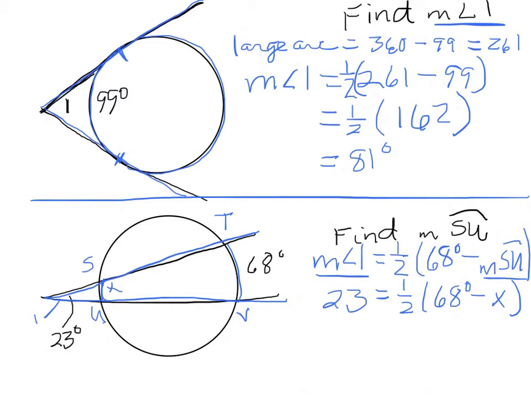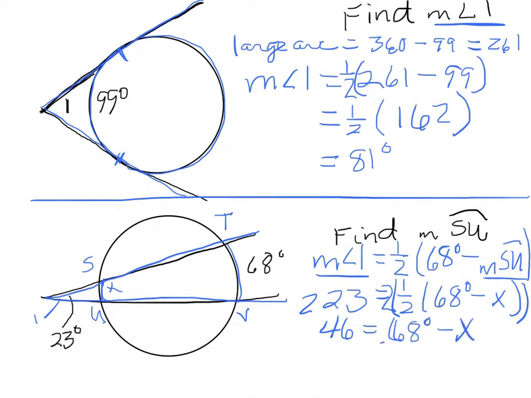Anyway, to solve this out, we just need to work this out using algebra. So I'm going to get rid of the fraction first and multiply both sides by 2, and I get 46 equals 2 times 1/2 is 1, so I'm just left with 68 minus x.